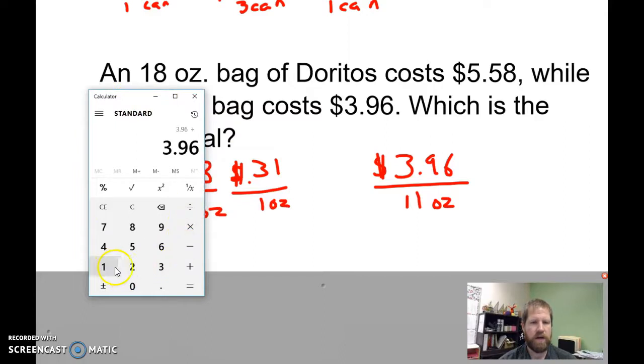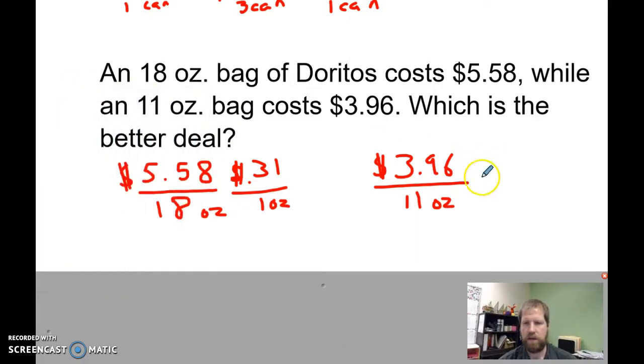And then we can get our unit rate for our other one. 3.96 divided by 11. And this one's 36. So that one's going to be equal to 0.36 dollars per ounce.